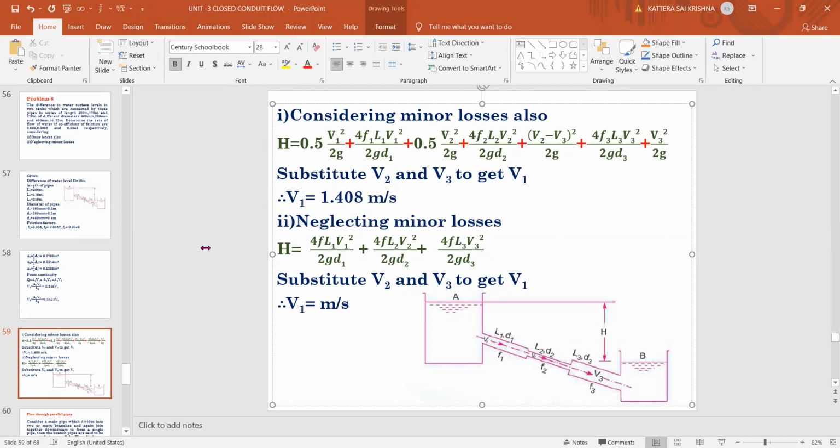Yes, anybody else with a different answer? 2.469, sir. Yes, 1.408 is the right answer. Others, you can check it once. Okay, this is right, 1.4 something.